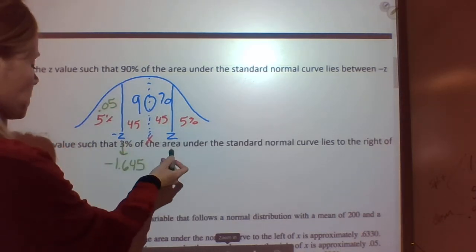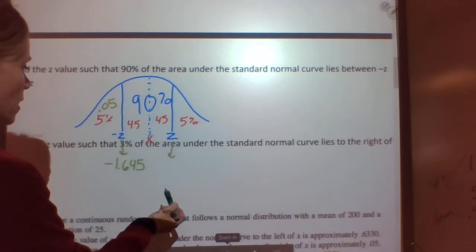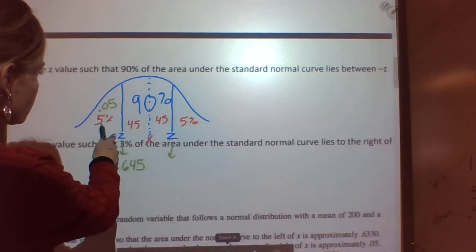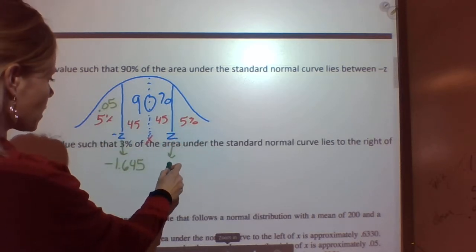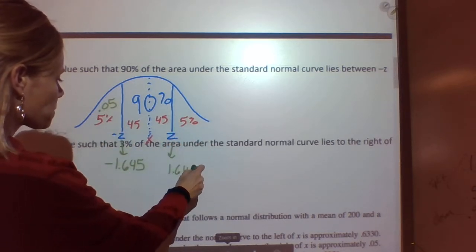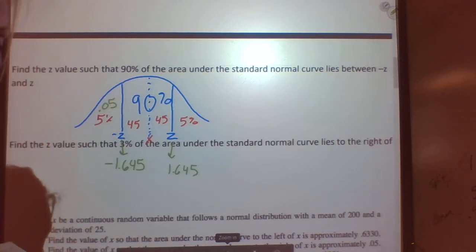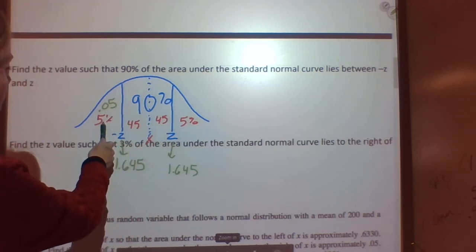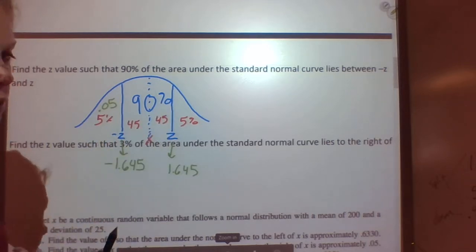Okay. Now, you can know that these are just complements of each other. Because if this is 5% and this is 5%, I should know this is a positive. If you don't know that, the other way you could have done it is 90 plus 5 is 95%.